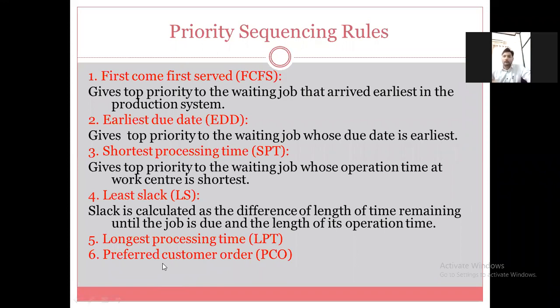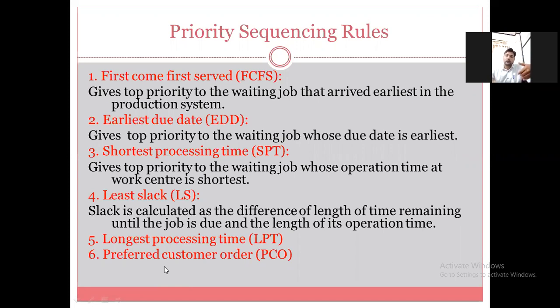We know that some of the customers are favorable for the industries and give the maximum business to the industries. So such a customer will be considered a highest priority customer, because such customers provide the maximum business, 50%, 75%, 80% of the business to the company. In some cases like this, the preference will be provided to such a customer's orders, and the management tries to deliver such customer orders as early as possible.